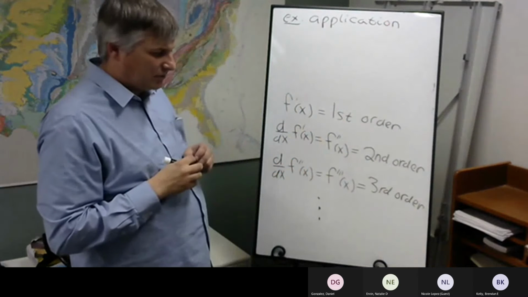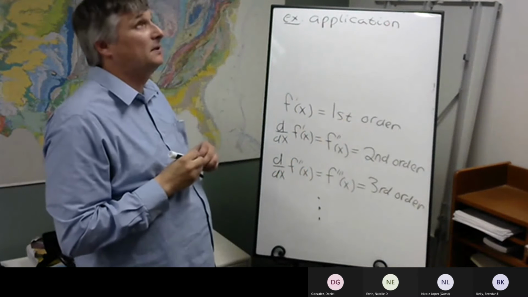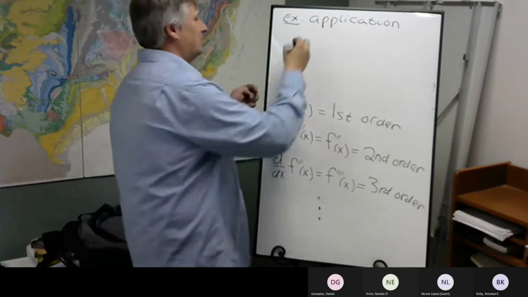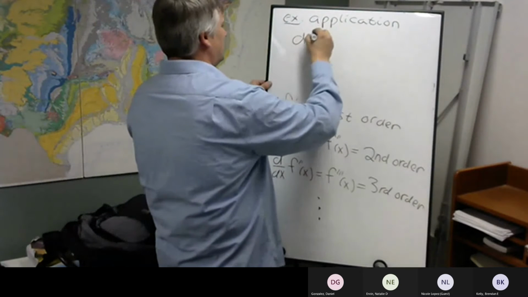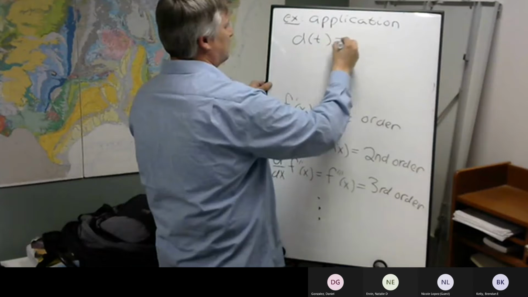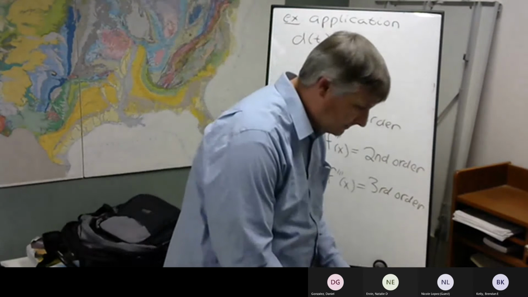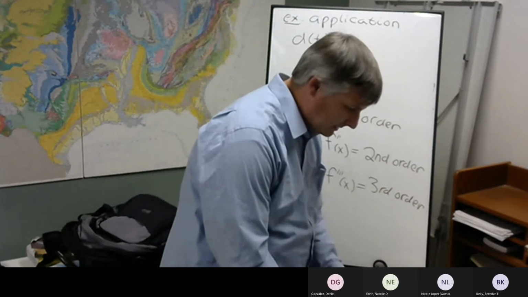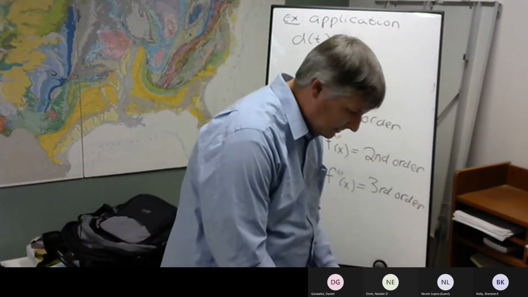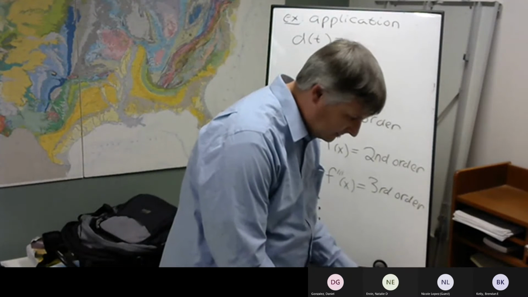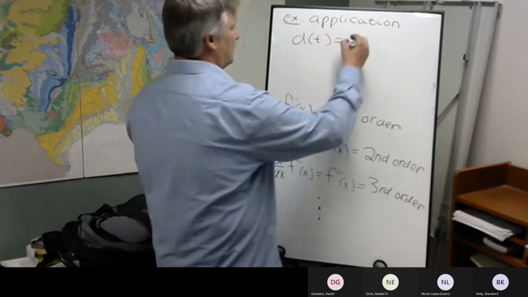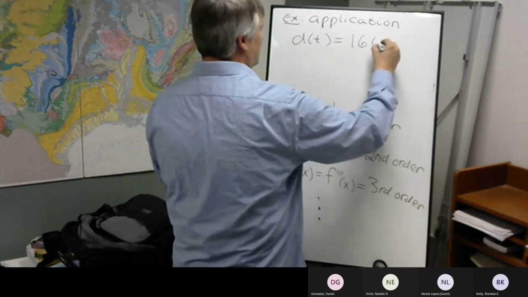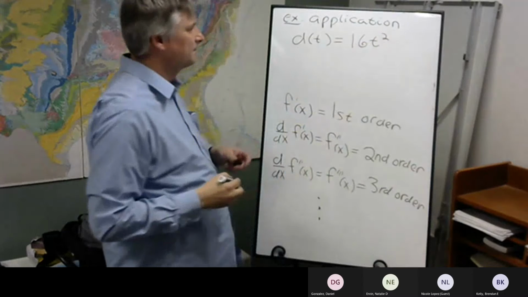Let's say we have a function, distance in terms of time, equal to, and let me go back here, pick up this formula again, 16 t squared.